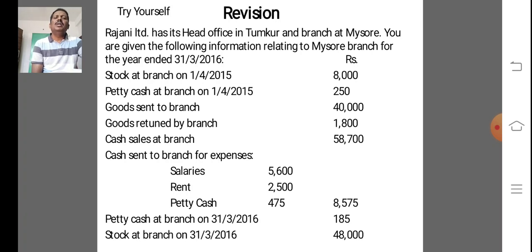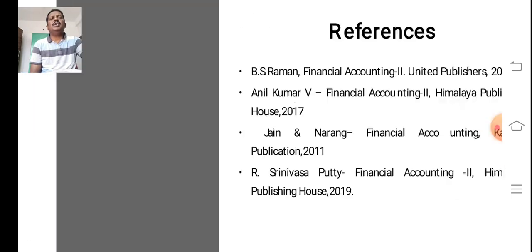Next, petty cash at branch on 31/3/2016, 185. Stock at branch on 31/3/2016, 48,000.